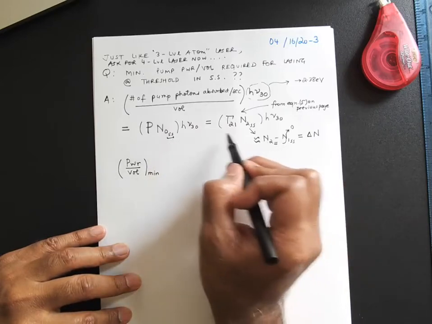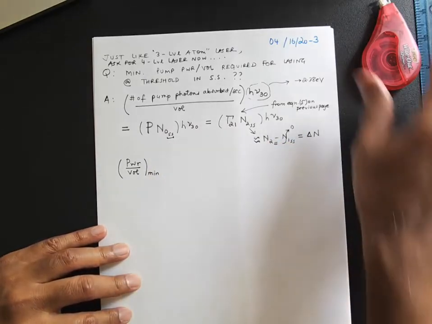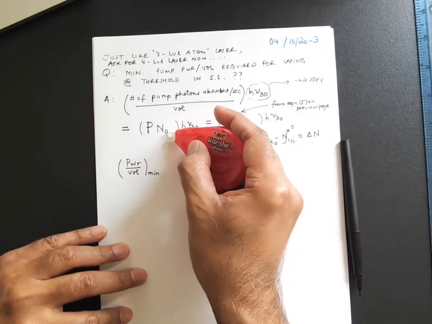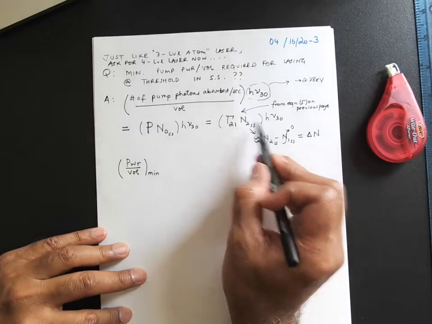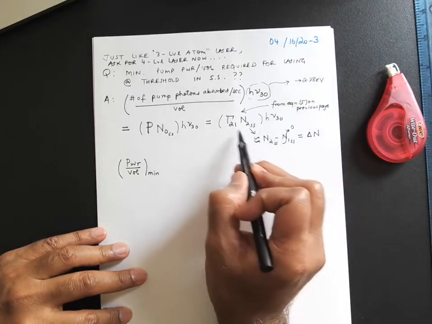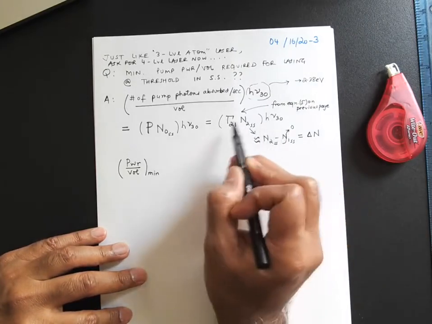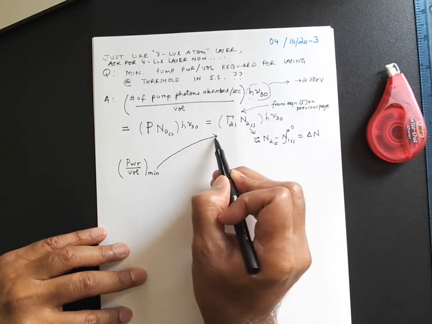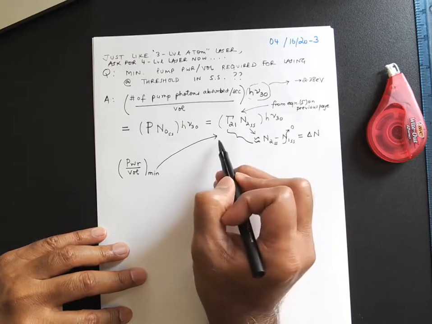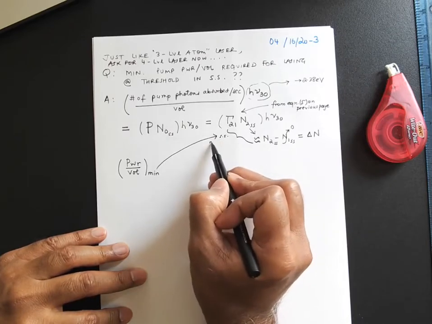The minimum is ensured because this whole thing was evaluated in the steady state near threshold.